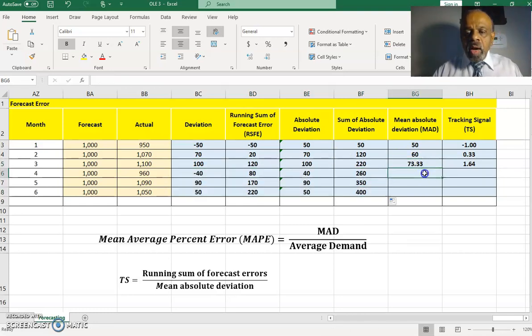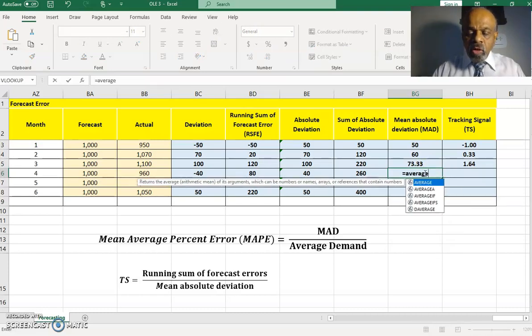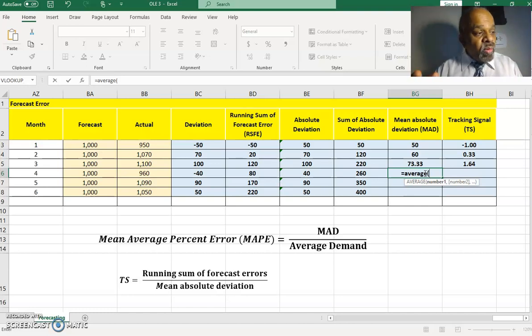This one here, I'm going to make equal to the average of, I'm doing both the function as well as the formula. That's for you to learn. I use the formula here, and I'm using the function here: the average of the absolute deviations for the 4 months, which is this.